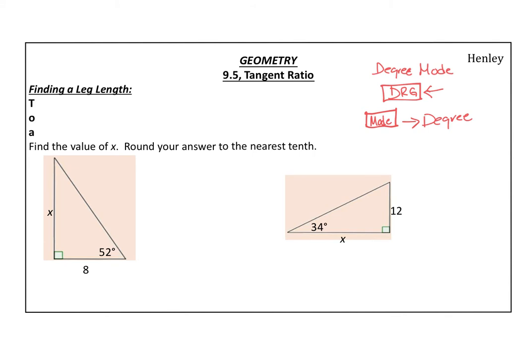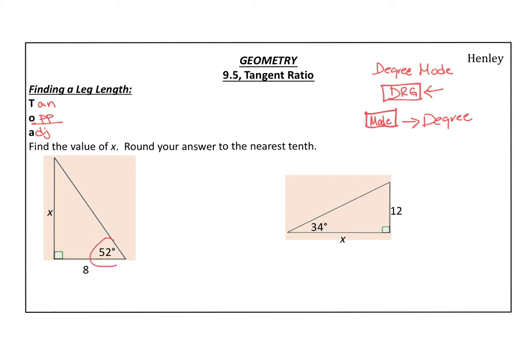do anything. Now, remember, to find the leg length, we're going to use the tangent. We abbreviate it TAN, but we read it tangent is opposite over adjacent. In this problem, we want to find the value of x and round your answer to the nearest tenth.